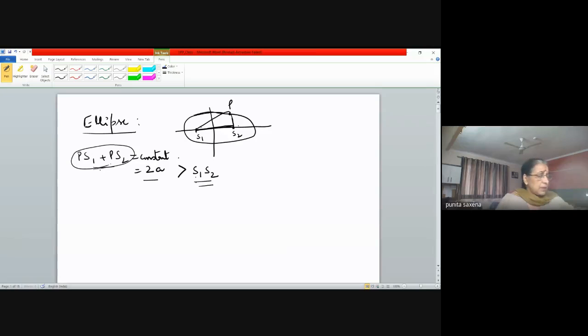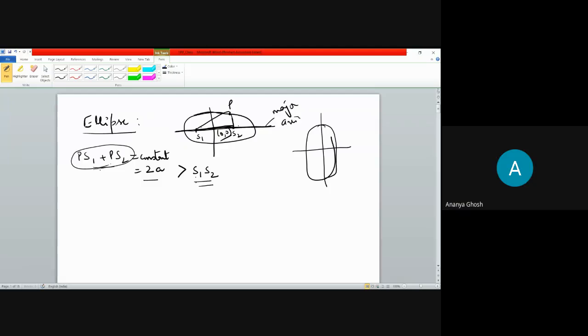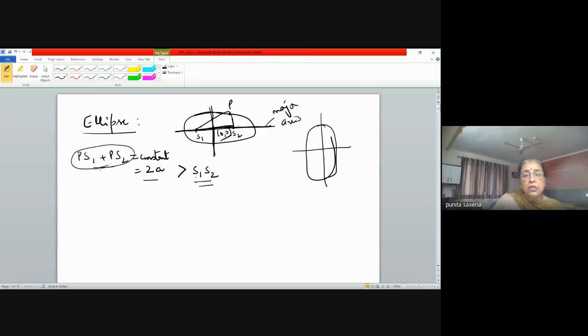And of course, this is the center, which for now we will take as (0, 0). But my ellipse can be this, or my ellipse can be this also. The axis on which the two fixed points lie is called the major axis, and the axis perpendicular to the major axis is called the minor axis.